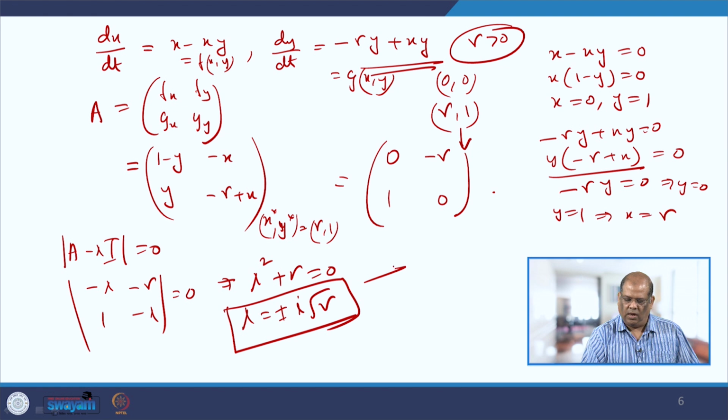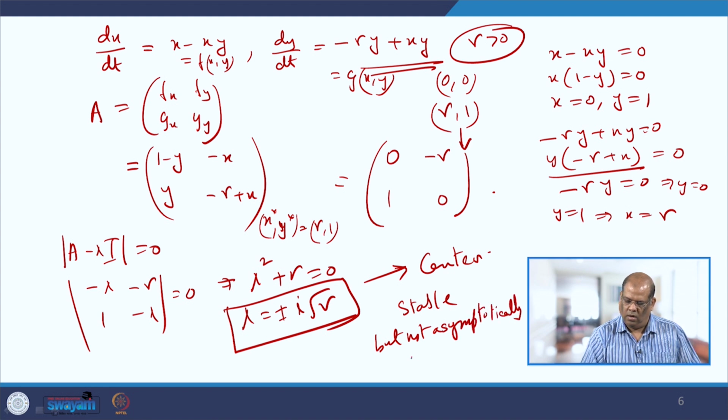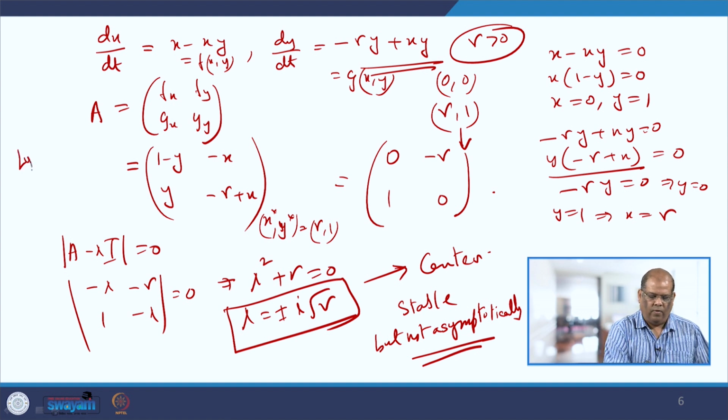So, this gives a center because it has only imaginary roots, which is stable but not asymptotically. Now, this is Lyapunov's indirect method.